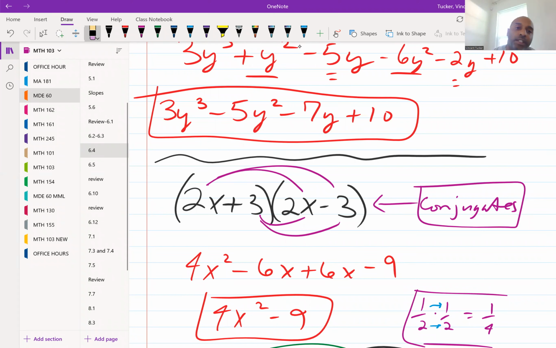So whenever you multiply conjugates, what's going to happen is that your middle terms will be the opposite, and they will always cancel out for you.